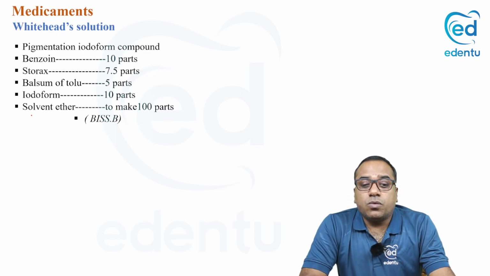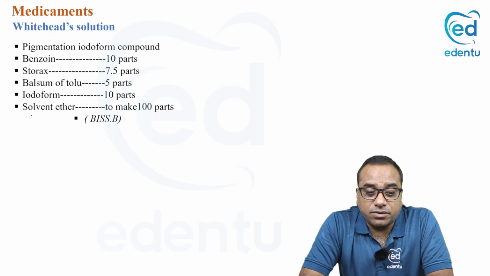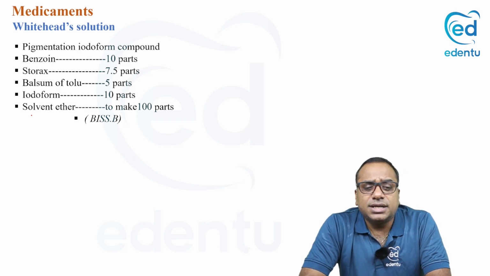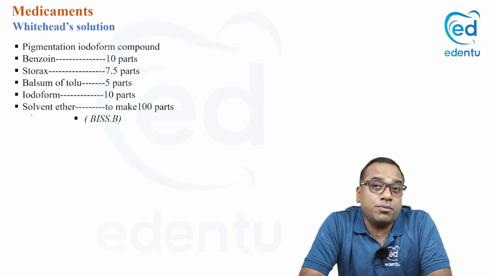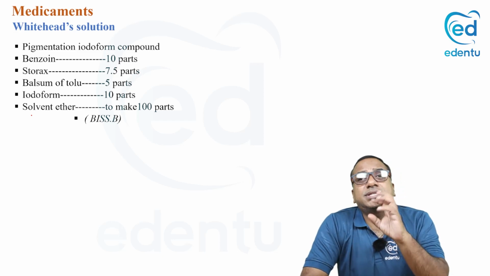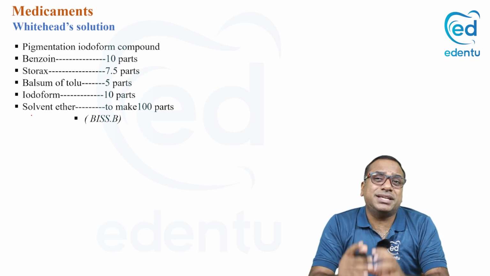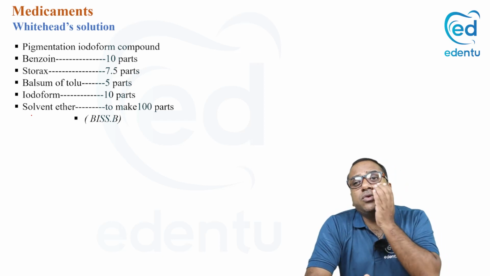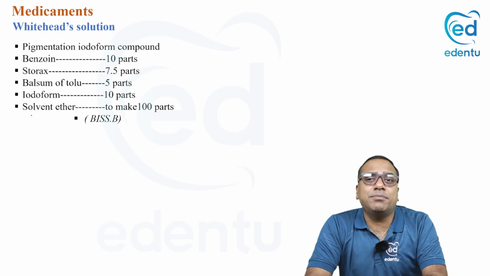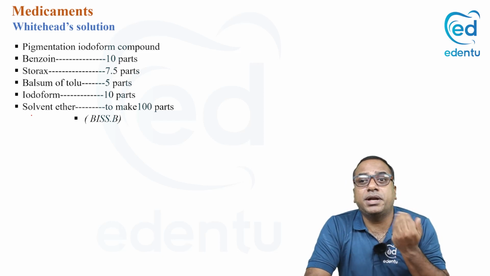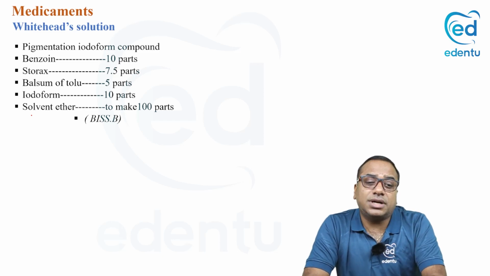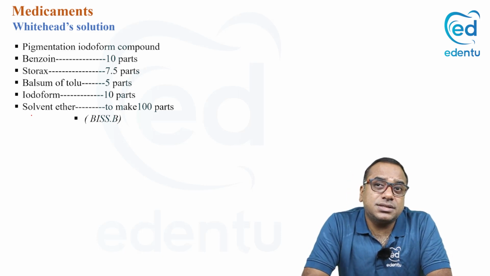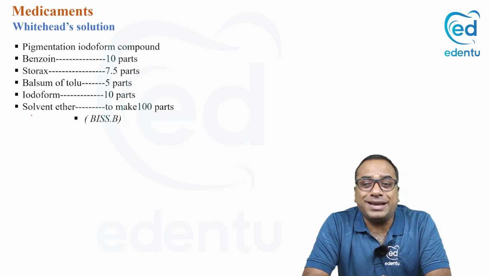Next, coming to Whitehead's solution. Whitehead's varnish or Whitehead solution, you can call it. This is a pigmentation of iodoform compound. This solution is given when there are inflammatory conditions like dry socket, or when you have done a case of maxillectomy and an open dressing has to be done. You have to clean that area, and at that time you can give Whitehead solution. What is the composition of Whitehead solution?